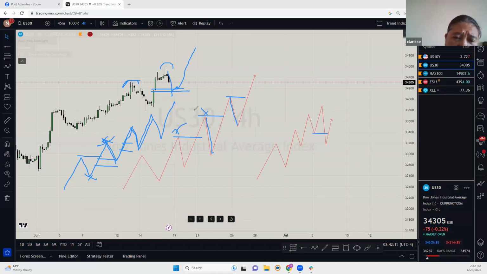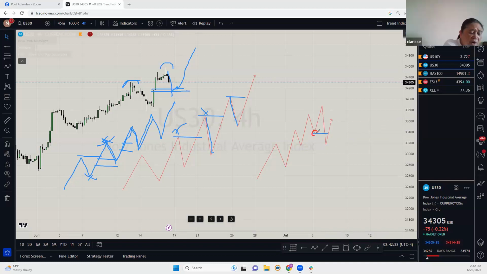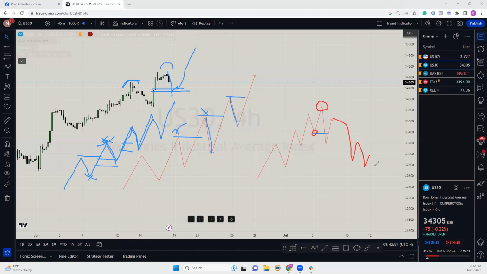So how can we know the price is going to reverse back down? It is when we see the price take out the last swing low that created the highest high. You see that this is the most recent swing low that made this high. Once the most recent swing low that formed this swing high is taken out, we expect the price to reverse back down.